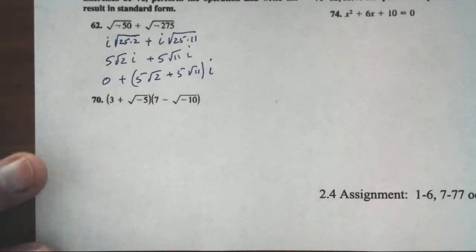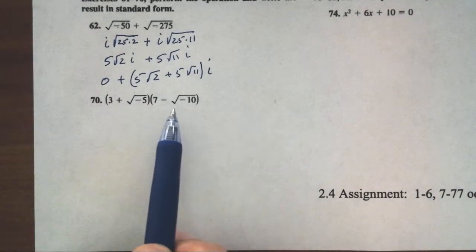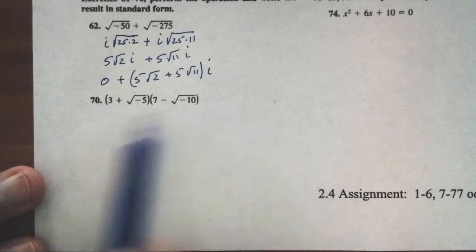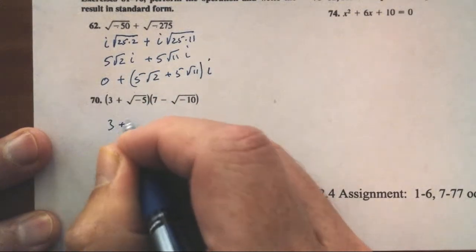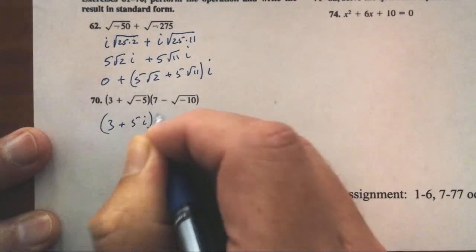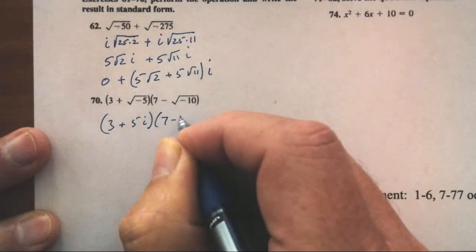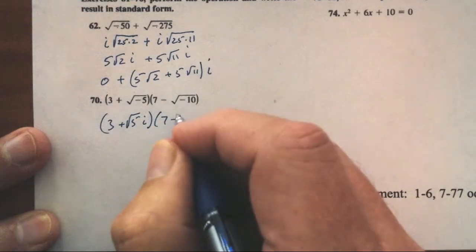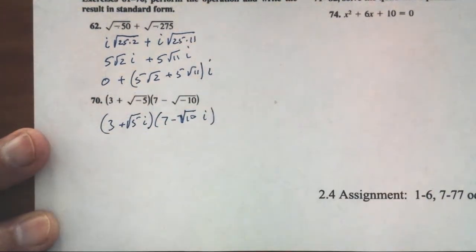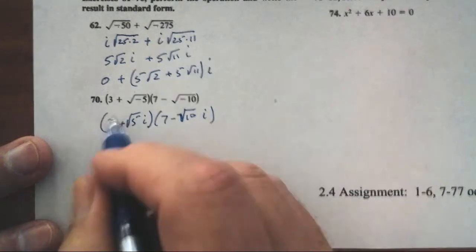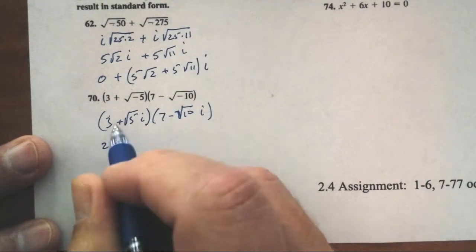Okay, number 70. I'm going to take care of the, my bluegill theorem that I'll talk about in class. I'm going to pull the i's out first. You might have an idea where that's going. So I get 3 plus 5i times 7 minus root 10i. Foiling, I get 21, first times first.